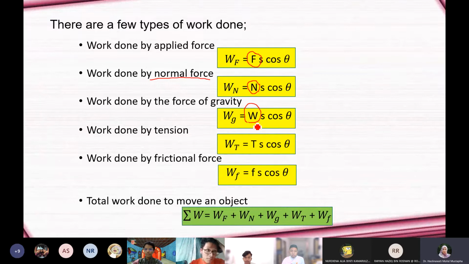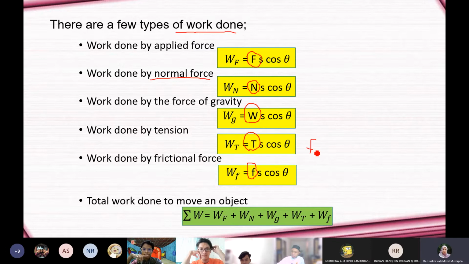Ingat lagi kan kita belajar force hari tu. Kita ada normal force, kita ada weight force. Ni adalah weight force lah. T, kita ada tensional force dan kita ada frictional force. So kita boleh kira work done for each force yang kita belajar sebelum ni. Kalau Wt, which is the work done by tensional force, T here, itu je yang membezakan dia. Ini adalah untuk frictional force lah.